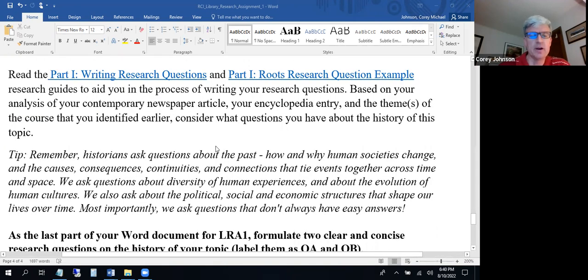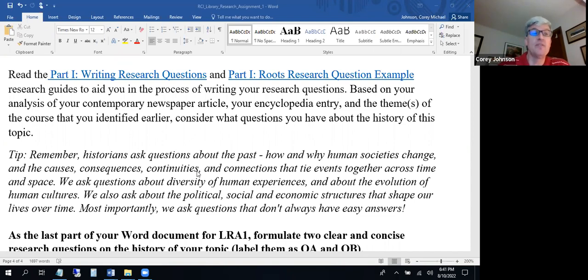But before I go there, I want to draw your attention to this italicized part of the question, offering a set of helpful tips. And the first thing that it says is your research questions need to be written as if you're a historian, and historians ask questions about the past.